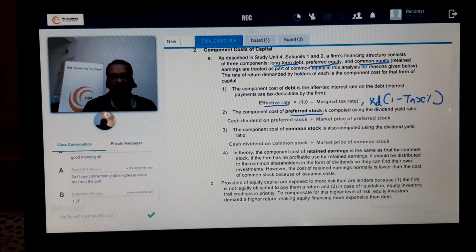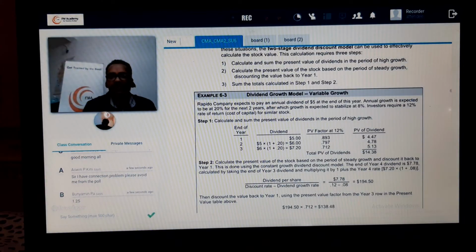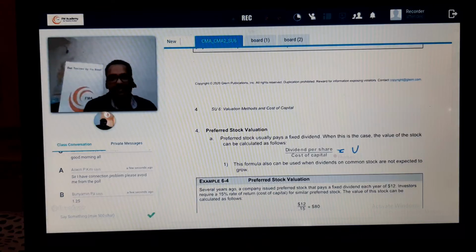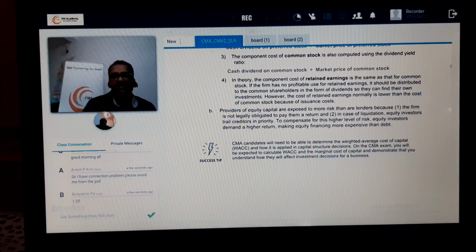Look here, what did we learn in the previous class, right? Dividend per share divided by cost of capital is the value or market price. So what is cost of capital? Dividend divided by simply the price, D by P you can say. Put it in a formula better. D is the dividend, P is the price for both.